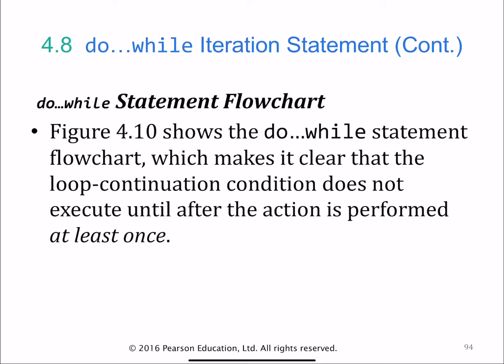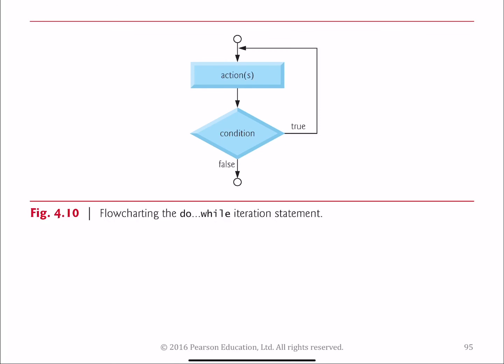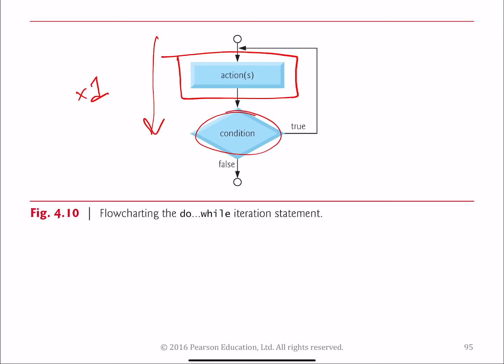I'll also show you the corresponding flowchart for the do while loop. And like I said, the do while loop is different in this sense that the code in the body of the loop is always executed at least one time before this condition is evaluated to either true or false.